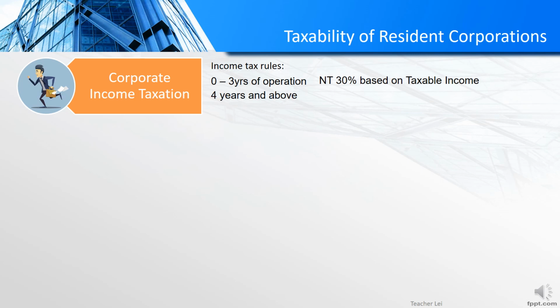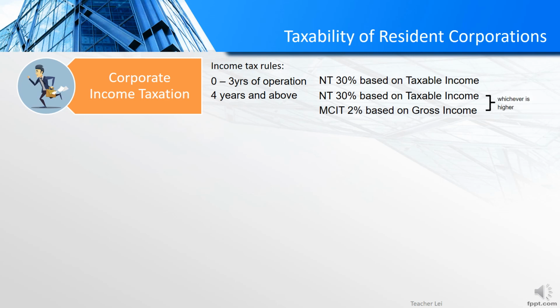But beginning the fourth year of operation, we will compare normal tax of 30% based on taxable income and the minimum corporate income tax of 2% based on gross income, and whichever is higher will be paid as the income tax or the year's tax.